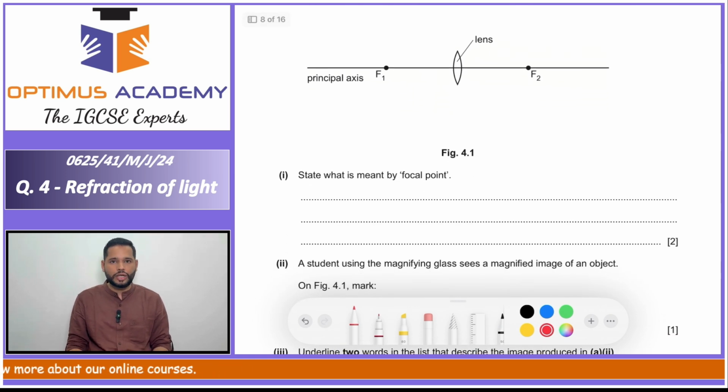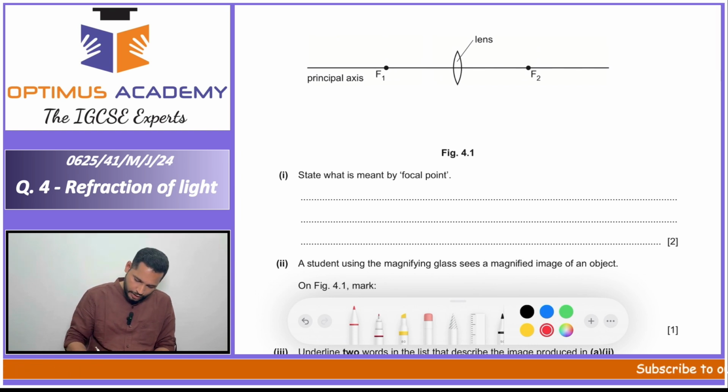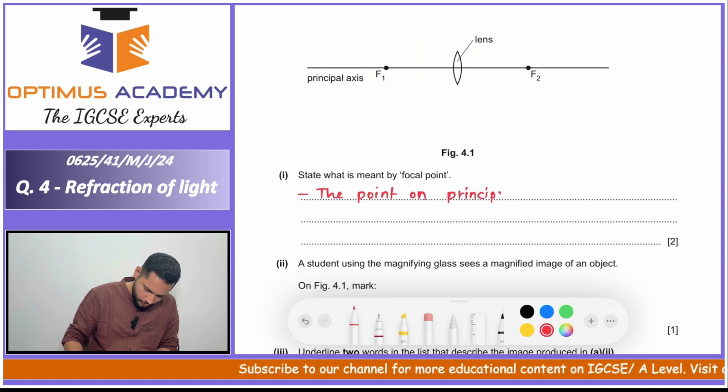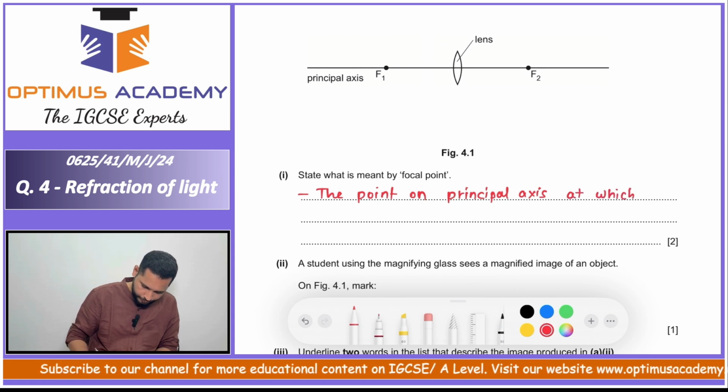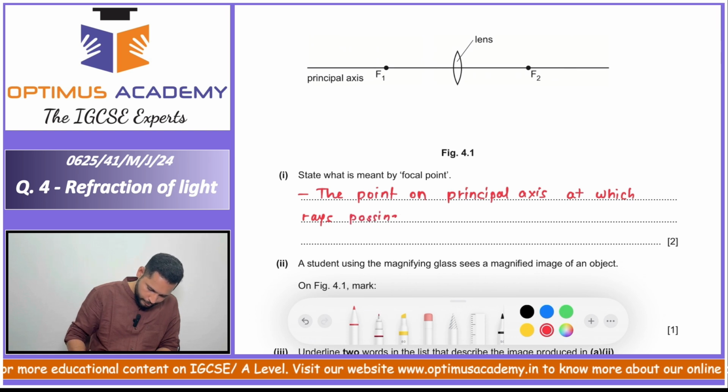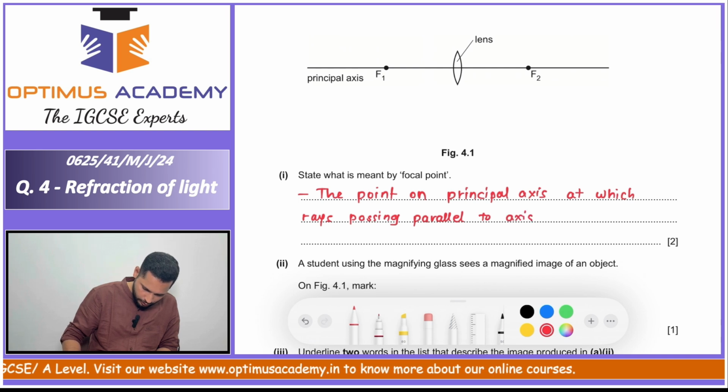Now what do we understand by focal point? It is the point on the principal axis at which the rays passing parallel to the axis converge.